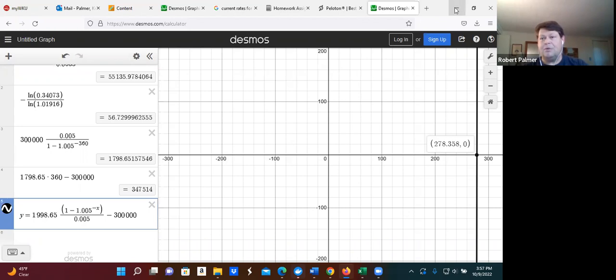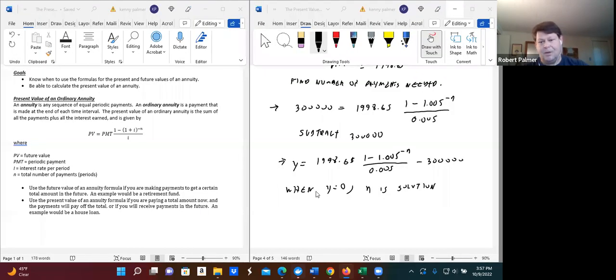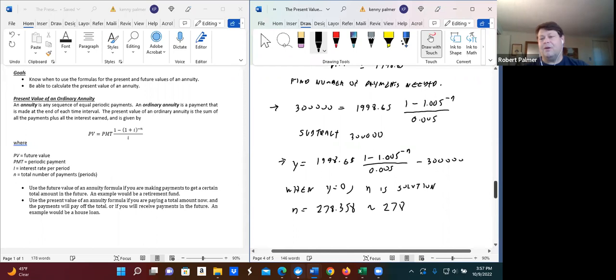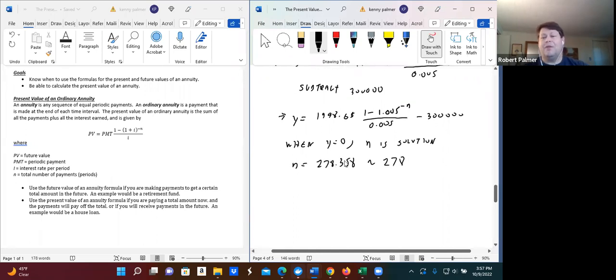So this is approximately, I'll just call it 278. Let's round down, because eventually for that last payment, you either add some extra amount to that last payment or do one more smaller payment, making up that part to finish it off. But basically, it's saying 278 payments.